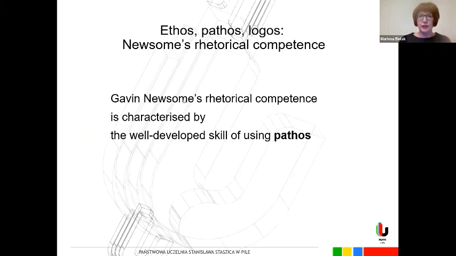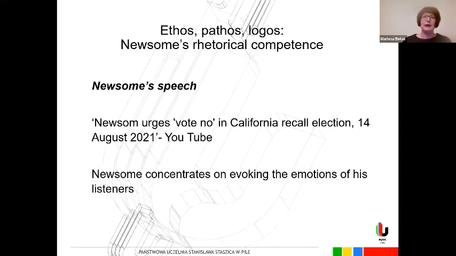And now Newsom's rhetorical competence. Gavin Newsom's rhetorical competence is characterized by the well-developed skill of using pathos. And the speech that exemplifies the elements of Newsom's rhetorical competence is the speech "Newsom urges vote no in California recall election," the 14th of August, 2021.